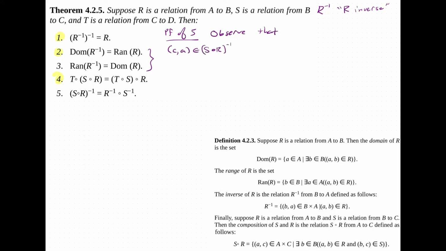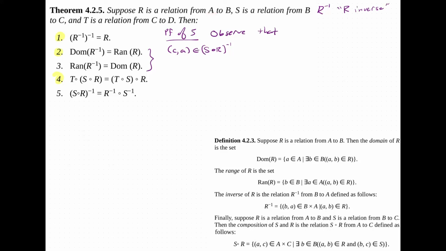The reason I'm choosing it this way is that when we chase the definitions, A is going to be in A, C is going to be in capital C. It's just a choice so that the lowercase symbols match up with the capital symbols.